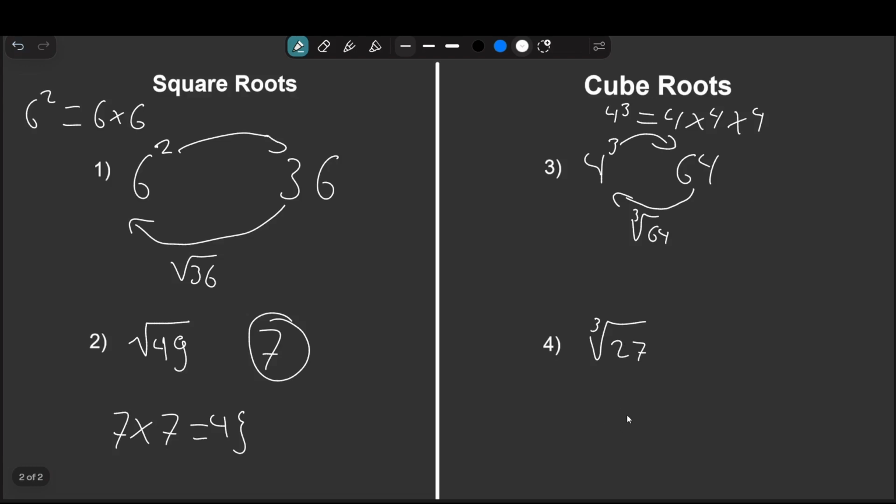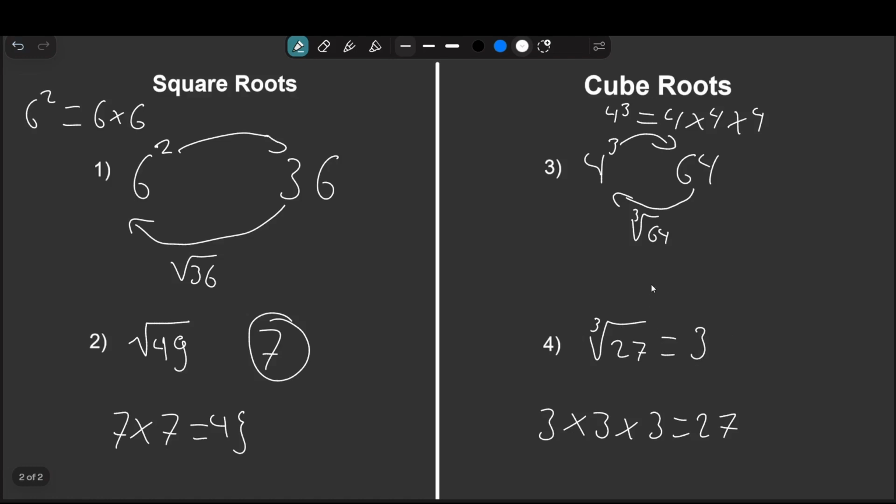So, we know that 3 times 3 times 3 will equal 27, because 3 times 3 equals 9, and 9 times 3 equals 27. So our answer to the fourth example will be 3.